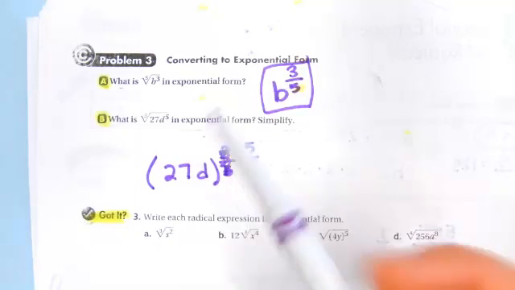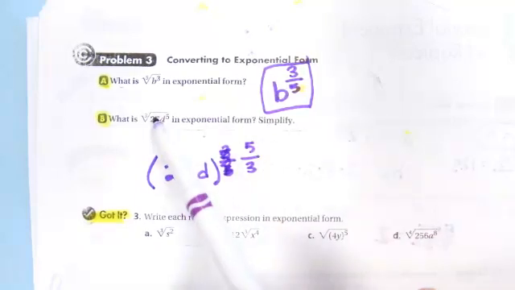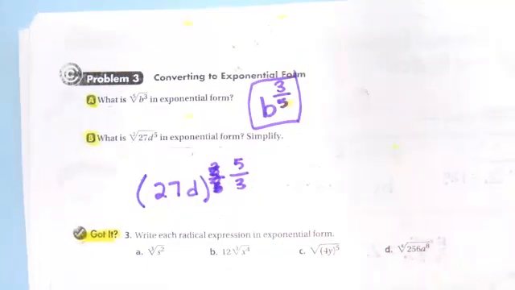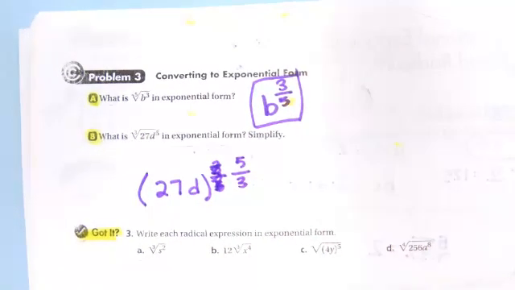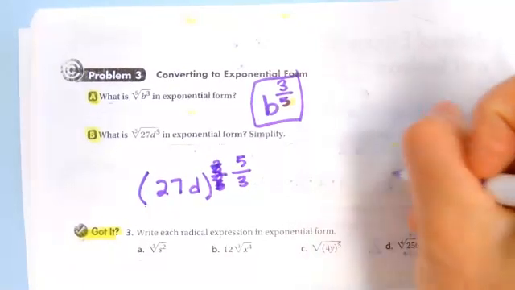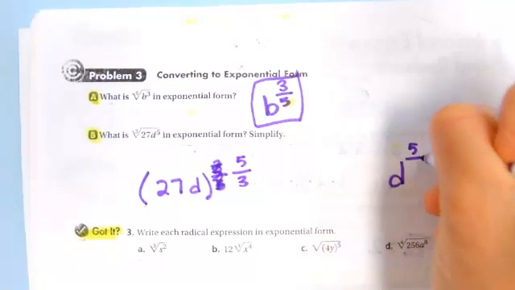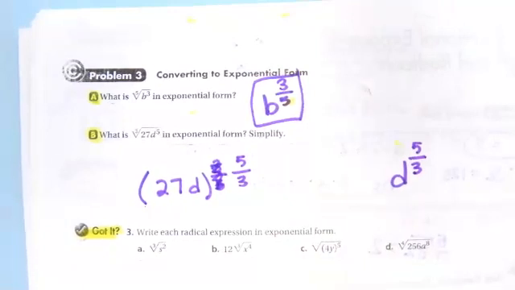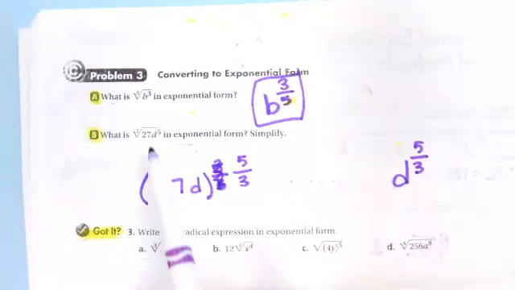5/3. Okay, now let's think about this for 1 second here. Okay, so 27's been simplified. You got it. So like on the one before, we simplified that first one, right? So I agree with d to the 5/3 right here. Okay, but what we have here, right, is that this 27 couldn't have been simplified anymore, right?